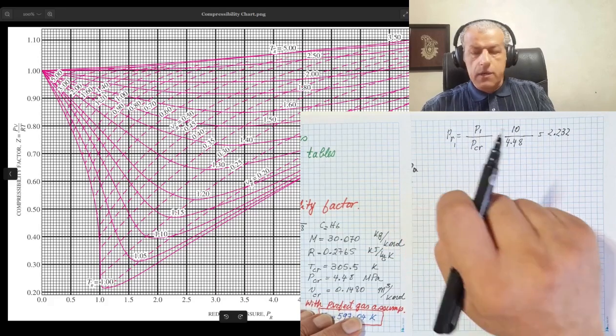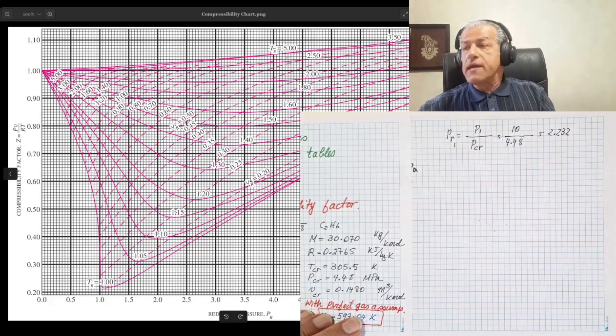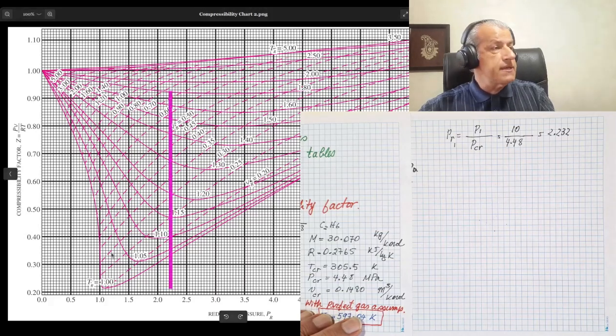This is our reduced pressure, and this is our horizontal axis, and our value for PR1 would be somewhere on this line, which we can, of course, draw like this. I mean, this is the line for 2.232, and we know that our problem would be somewhere over here.